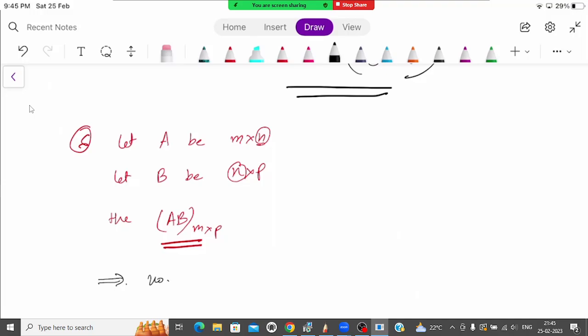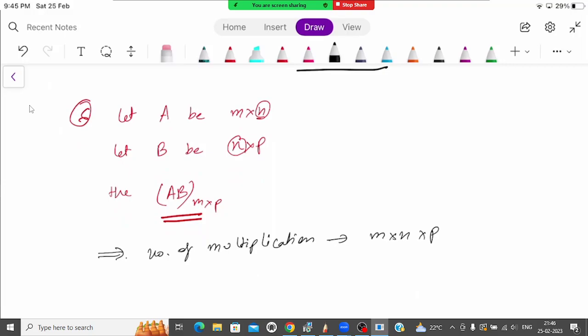The number of multiplications involved in the AB matrix will be M into N into P. Now suppose you want to know the number of additions required to get the matrix AB.